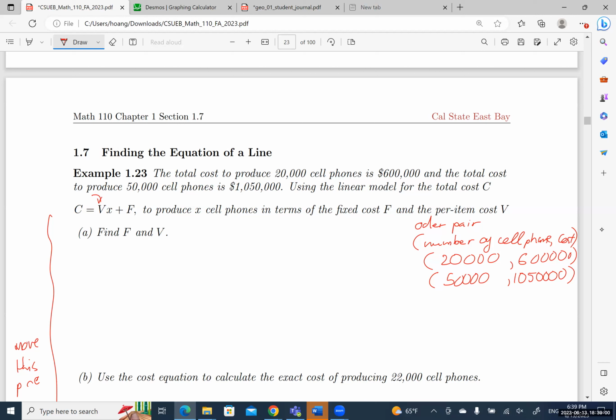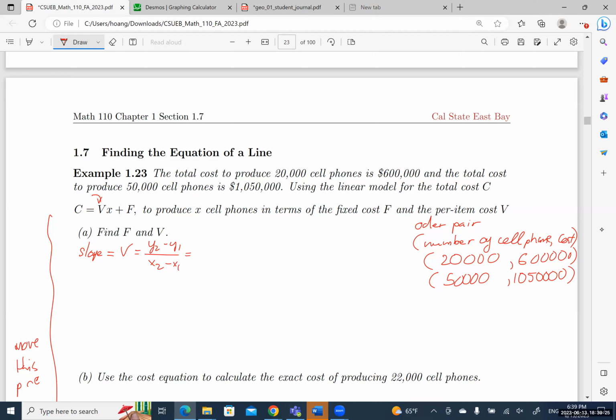So we have slope equal to V, using the formula y2 minus y1 over x2 minus x1, right?